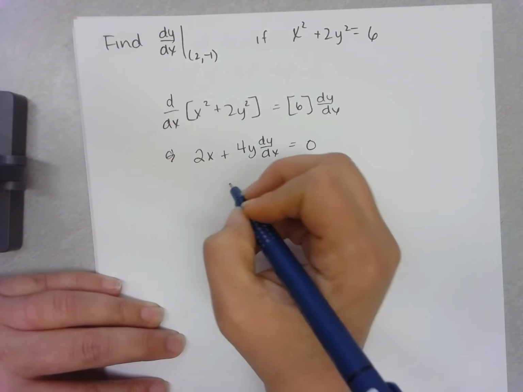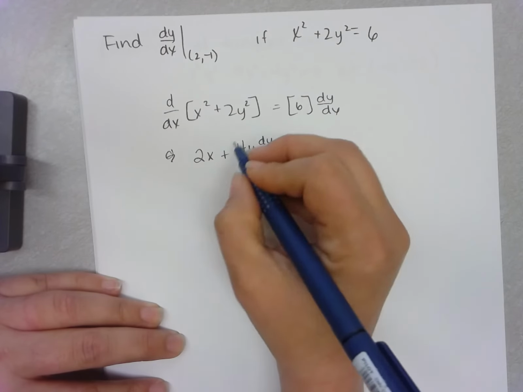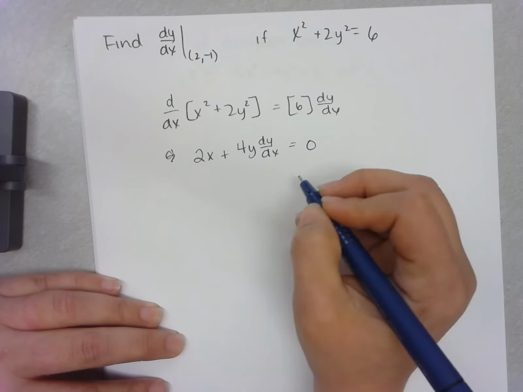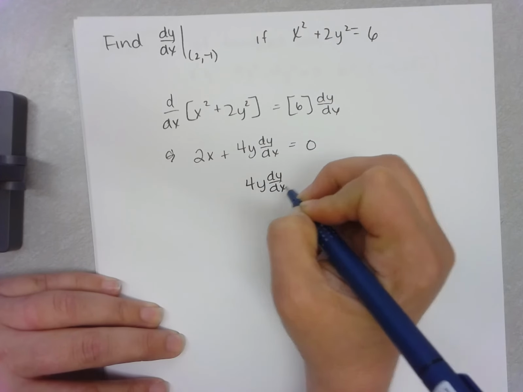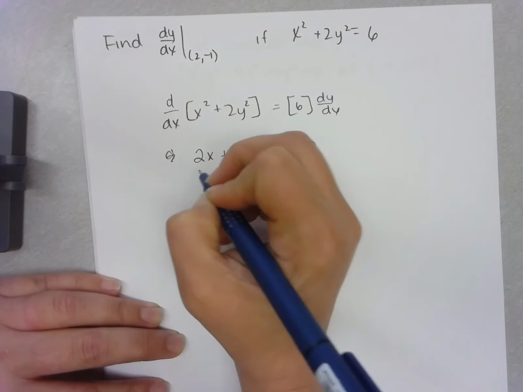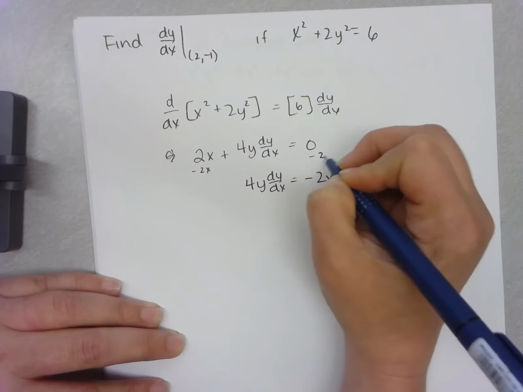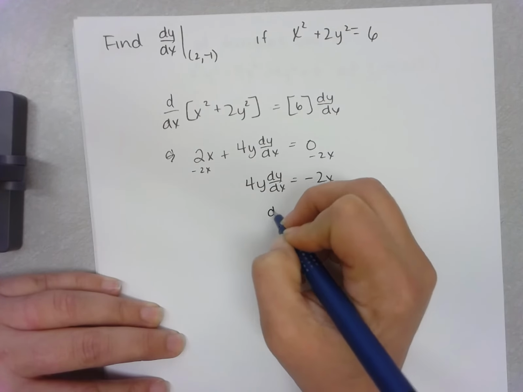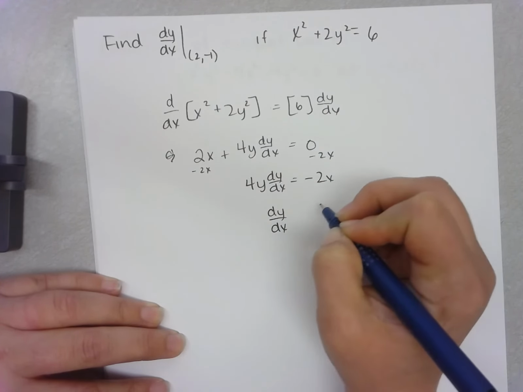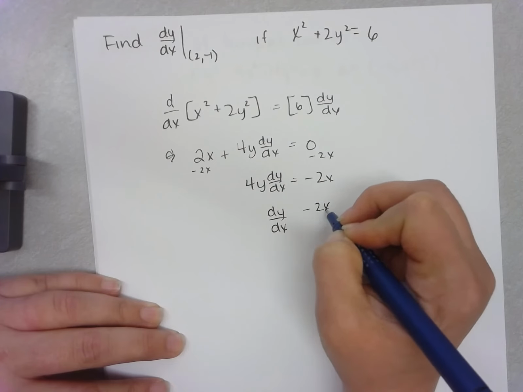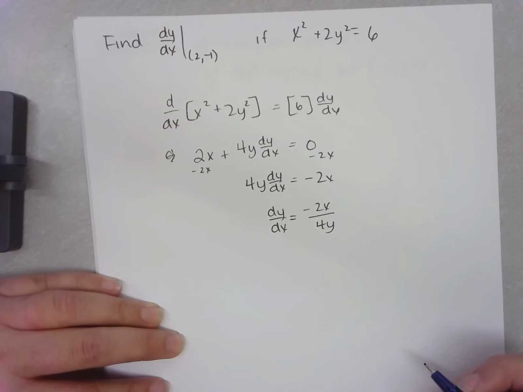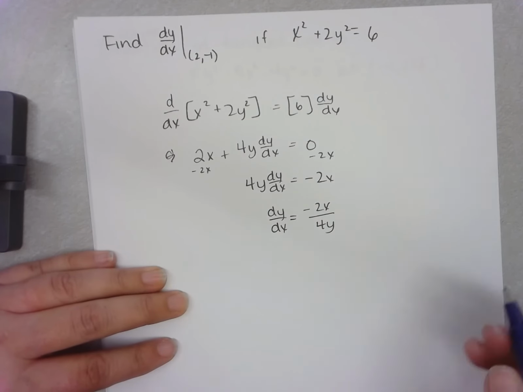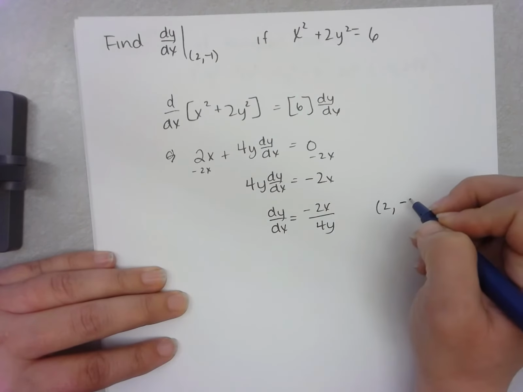Now I only have the one dy/dx term, so I'm going to subtract 2x from both sides. 4y dy/dx equals -2x. And I'm going to divide by 4y, and this is my dy/dx. Now I wanted to find it at the point (2, -1).